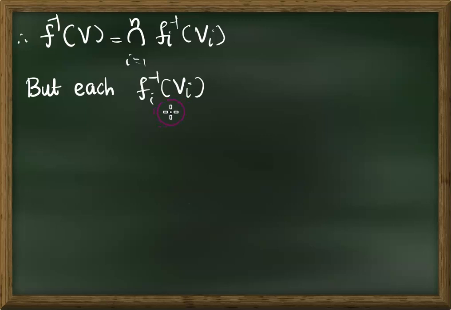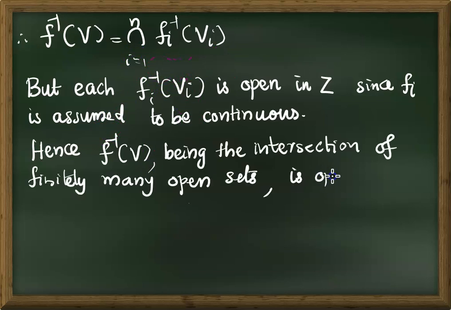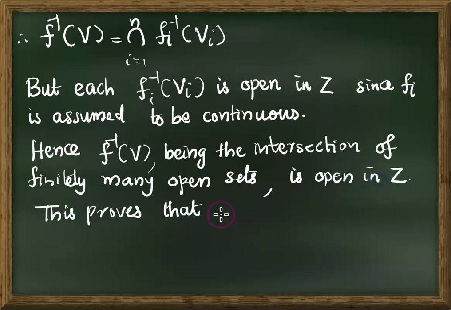Hence, the inverse image f_i inverse of V_i is open in Z. Hence, f inverse of V, being the intersection of finitely many open sets, is open in Z. This proves that f is continuous whenever f_i, that is pi_i composition f, is continuous for each i. And hence this completes our proof.